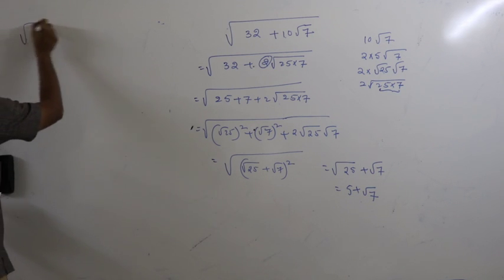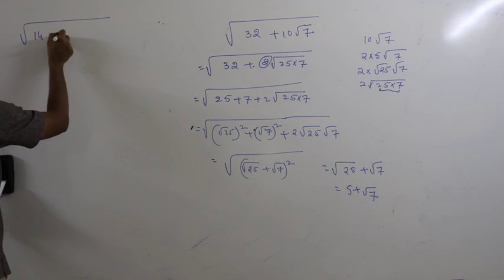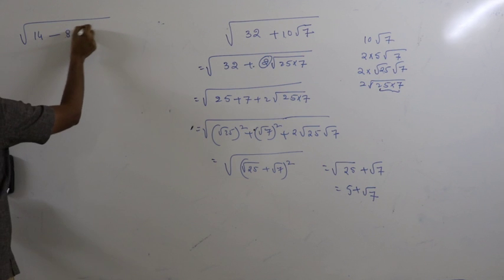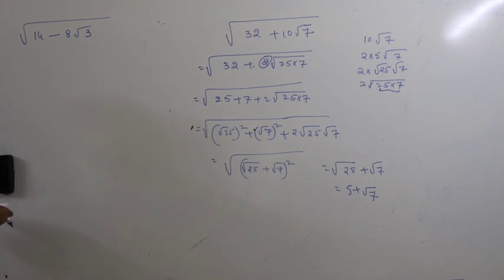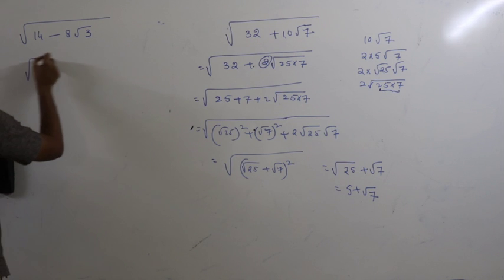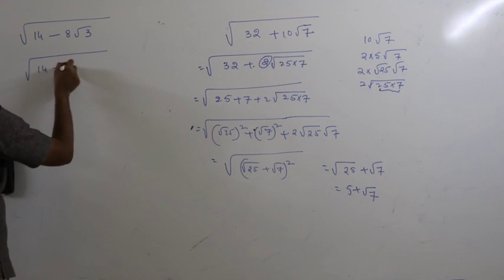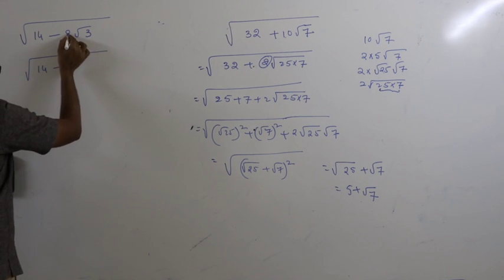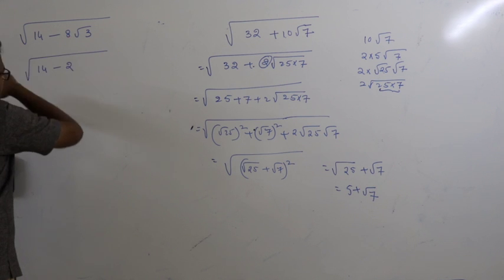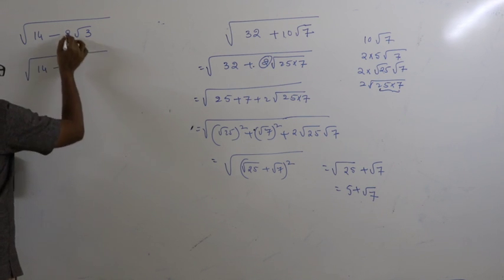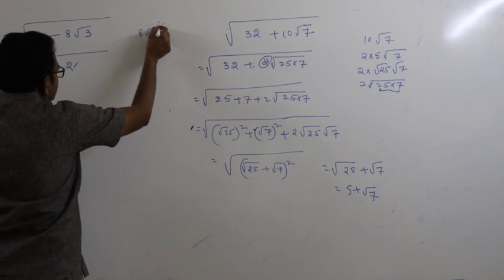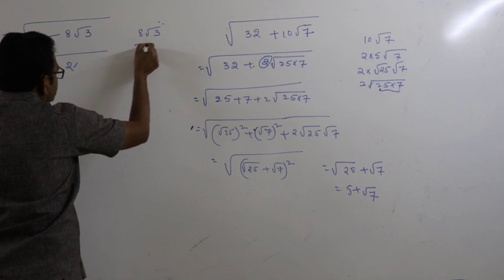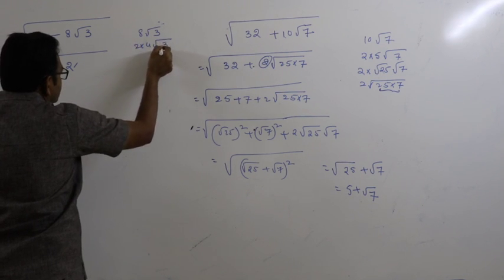Next one, square root of 14 minus 8 root 3. Square root of 14 minus 2 into, this 8 root 3 is 2 into 4 root 3.